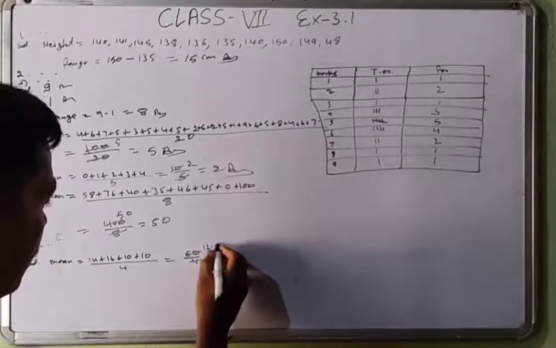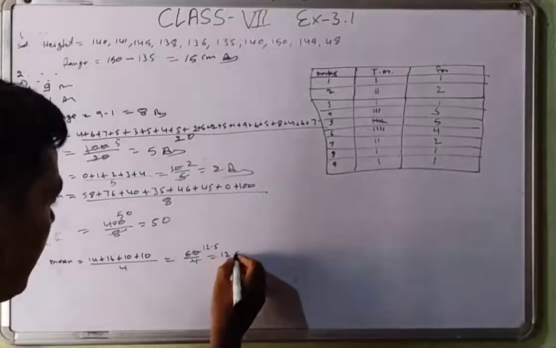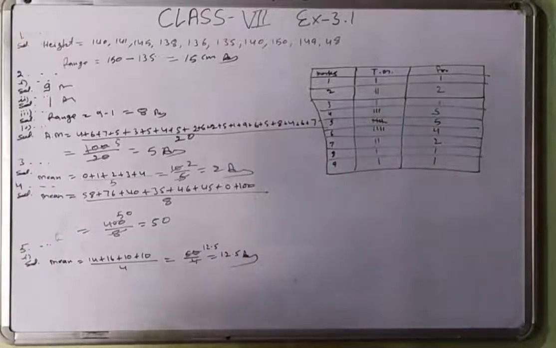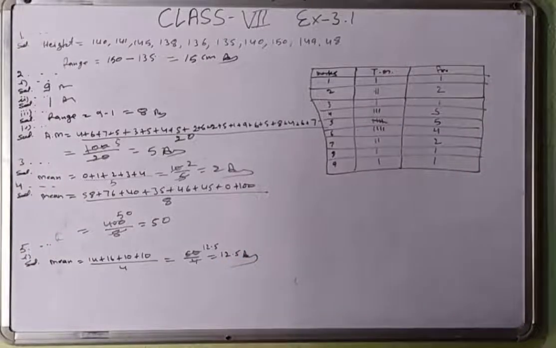When you cancel, 12.5 will come. This is the answer. To find the mean number of points per game for C, would you divide the total points by 3 or by 4?